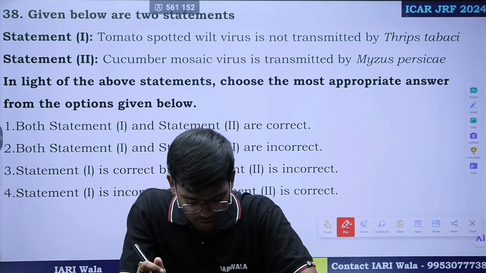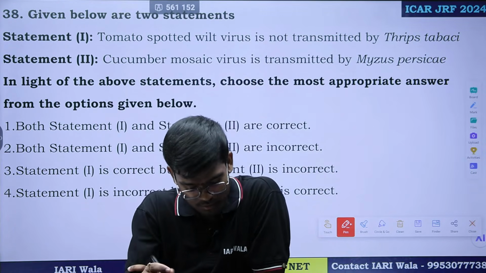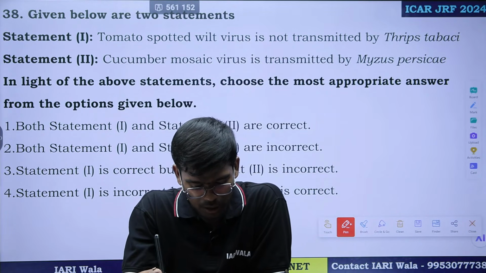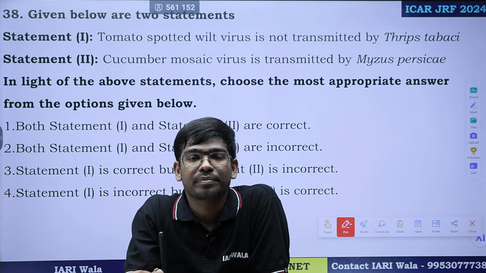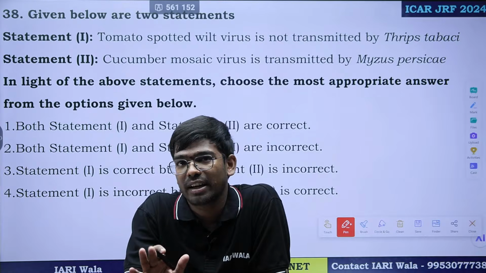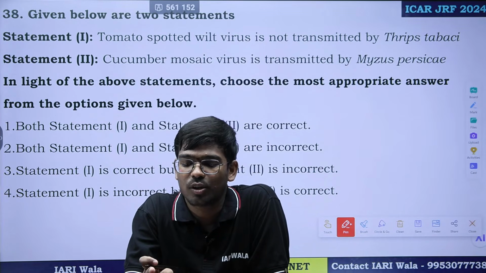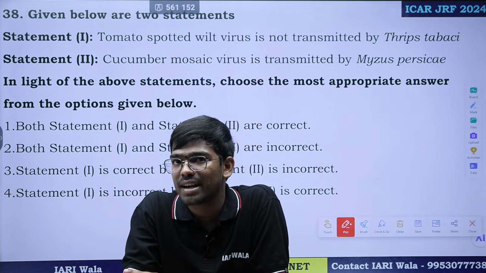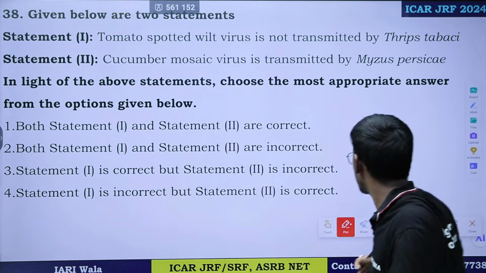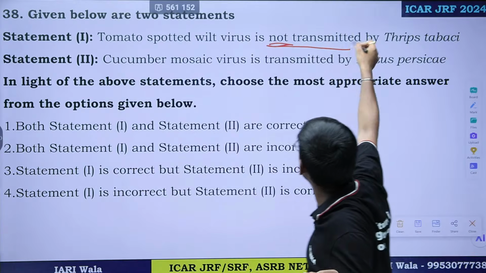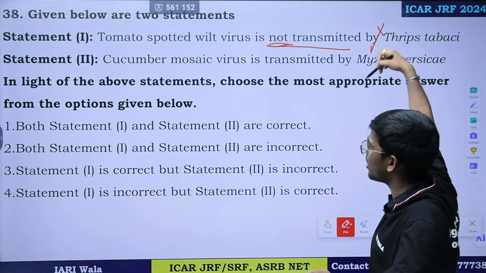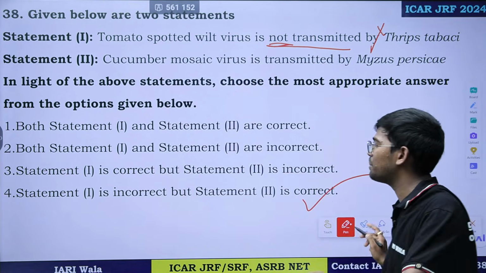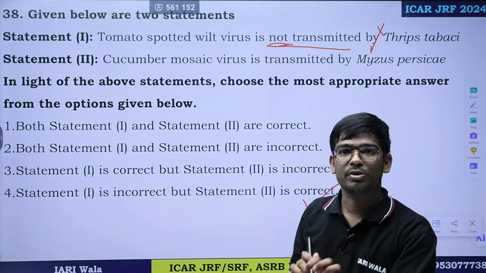Gaming confidently kept option 4. Statement 1 is incorrect, but statement 2 is correct. Tomato spotted wilt virus is transmitted by thrips. It may be Scirtothrips dorsalis or Thrips tabaci, Frankliniella schultzei or occidentalis, anything. It is transmitted by thrips. Hence, that statement becomes wrong. Why? Here they mention not transmitted, but it is transmitted. So this statement will become wrong. And cucumber mosaic virus is transmitted by Myzus persicae, that is an aphid. So statement 1 is incorrect, but statement 2 is correct. Okay, so option 4 will be correct. Good.